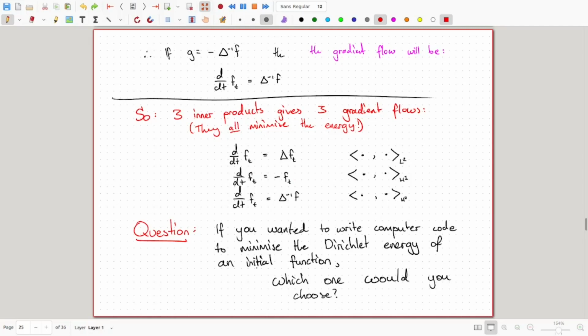Well, these two here, the first and third ones, these are both partial differential equations and require you to evaluate this Laplace operator on your function. And you can actually prove that this is computationally a harder task than this second option here, which is just an ordinary differential equation. So for me personally, I would definitely go with this option here.